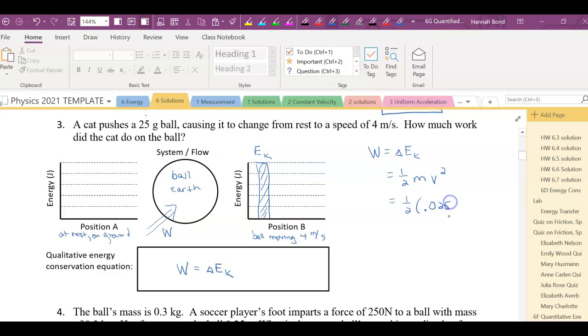It's a 25-gram ball, so it's a 0.025 kilogram ball, and its velocity is 4 meters per second. I square that. And so the cat did 0.2 joules of work on that ball.